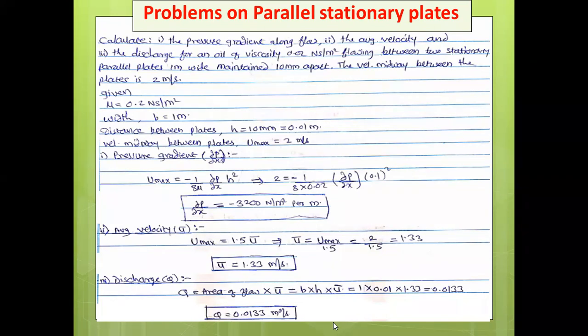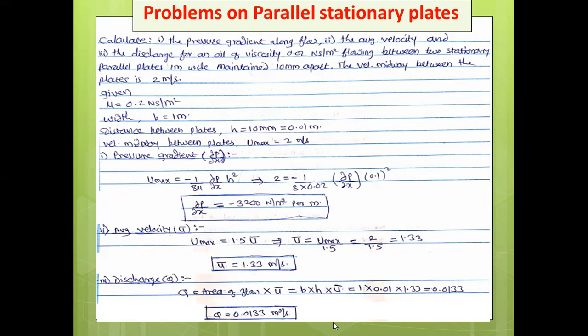Then comes the width, 1 meter wide, so B is equal to 1 meter, and small h is equal to 10 mm, that is 0.01 meter, and u max is equal to 2 meter per second. Velocity will be maximum at the center or midway.